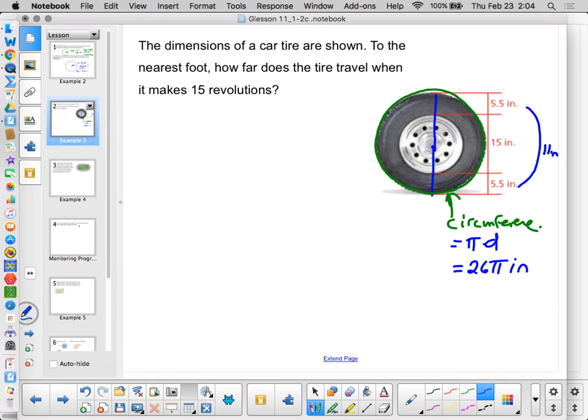But again, real world problem, so we're going to go decimal answer, 26 times 3.14, 81.64 inches. That's my circumference. Well, 15 revolutions, every revolution, it takes one time around that tire, 81.64 inches. We're doing that 15 times. So we're going to take that 81.64 times 15, and we get 1,224.6 inches.